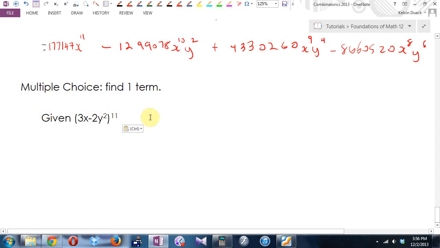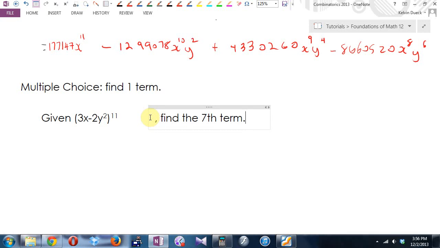How many terms did we say there were here? 12. Find the 7th term. This will probably be a multiple choice question. Might be a written. To find a single term, here's where I use that formula, which you're just dying to spit out to me. So can you read me that formula, Rosanna, the one that you showed me in the cafeteria so eloquently?